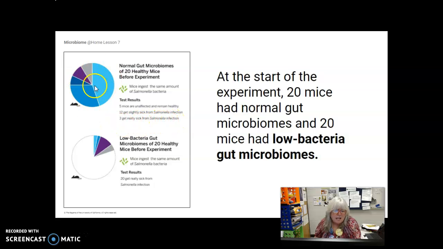And those were the mice that had a normal gut microbiome. But take a look here at those that had low bacteria. All 20 of these mice got really sick from the salmonella.